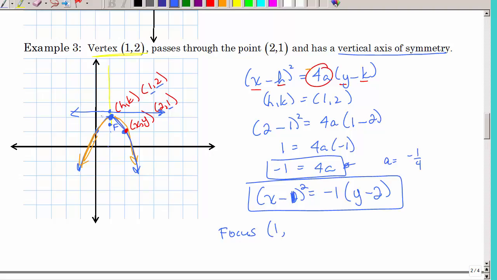I'm here at 2, and I had to go down 1/4. So what is that? 1 3/4. And then my directrix, that's going to be a horizontal line, 2 plus 1/4. So that focus was right there, very, very close to that vertex.